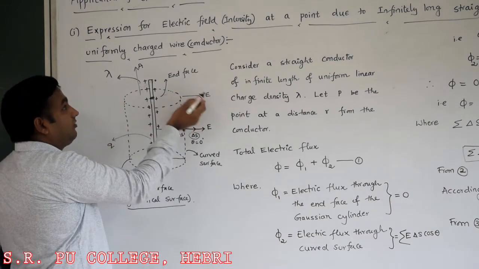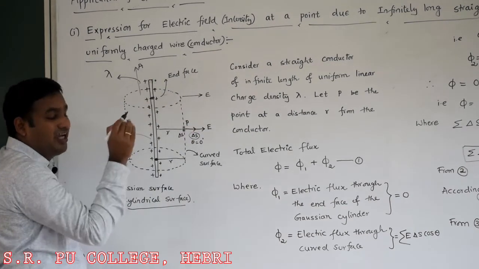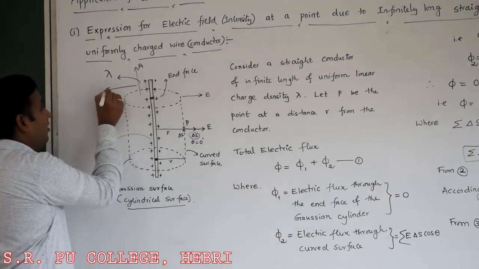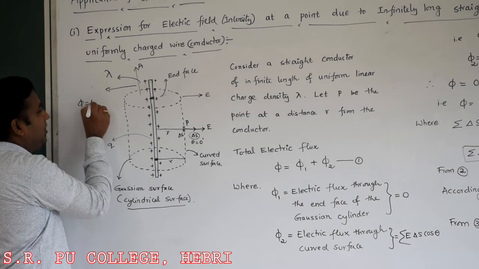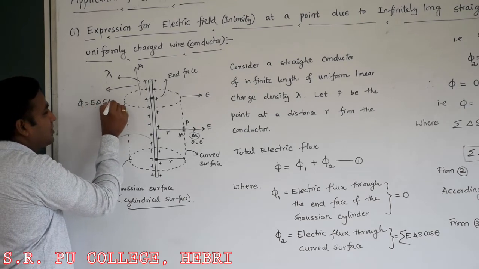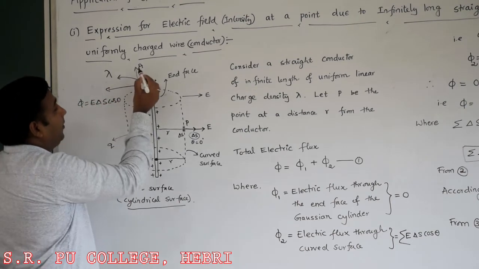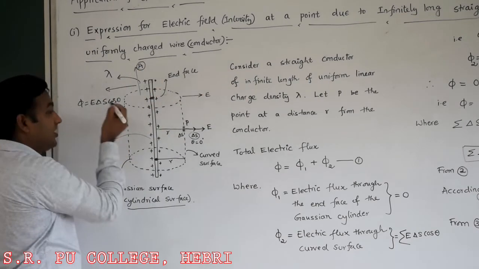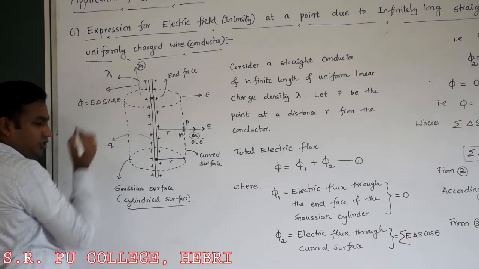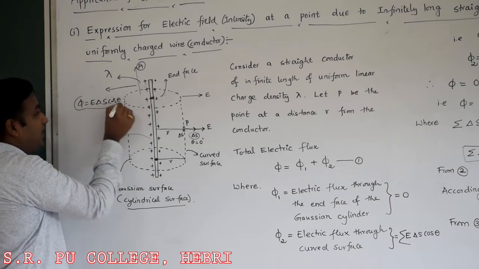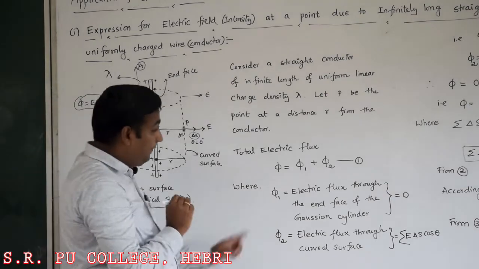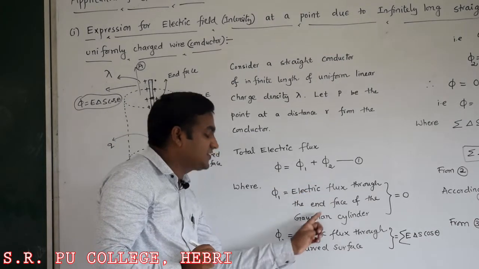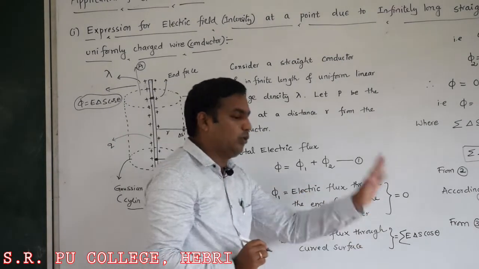The angle between electric field and area is 90 degrees, theta equals 90 degrees. You already know the expression for flux: flux is equal to E into delta S into cos theta. Here the angle between delta S, the area, and the electric field is theta equal to 90 degrees. That's why this flux becomes 0. So phi 1, the electric flux through the end face of the Gaussian cylindrical surface, is equal to 0.